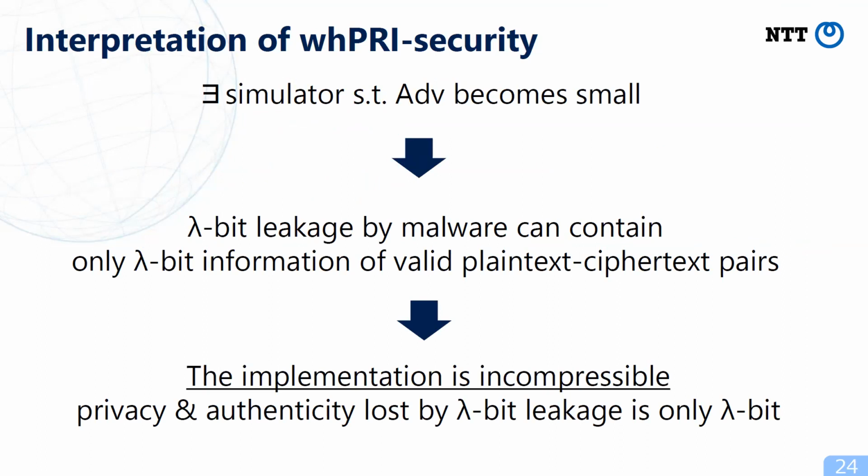This means a lambda bit leakage by malware can contain only lambda bit information of valid plaintext ciphertext pairs. And this further means that the white box implementation of the AED scheme is incompressible, and the privacy and authenticity lost by lambda bit leakage is only lambda bit. So this is how we can interpret our new security notion.